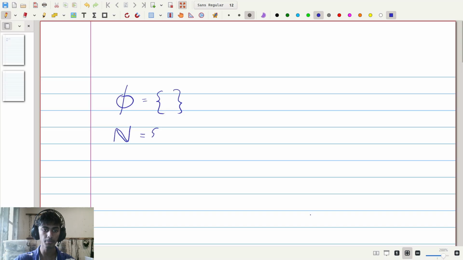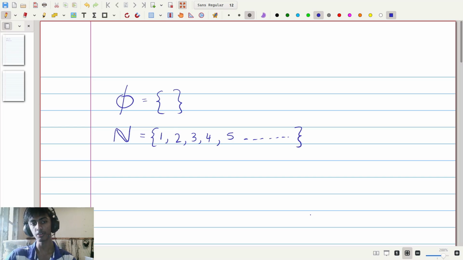So the set of natural numbers is defined as 1, 2, 3, 4, 5, and so on. Start from 1 and then go plus 1 each time.